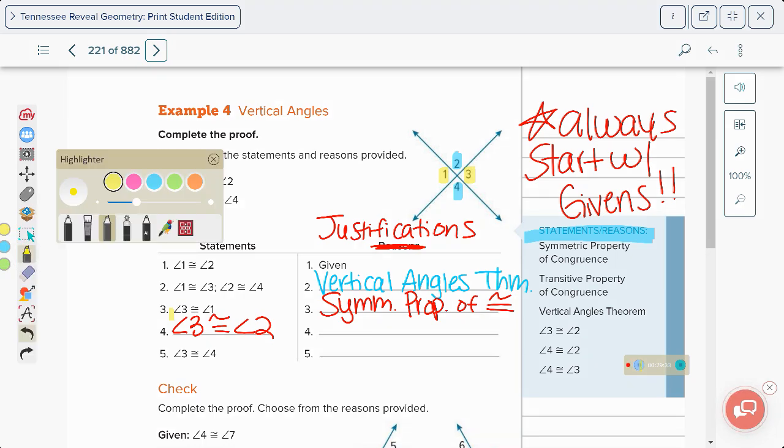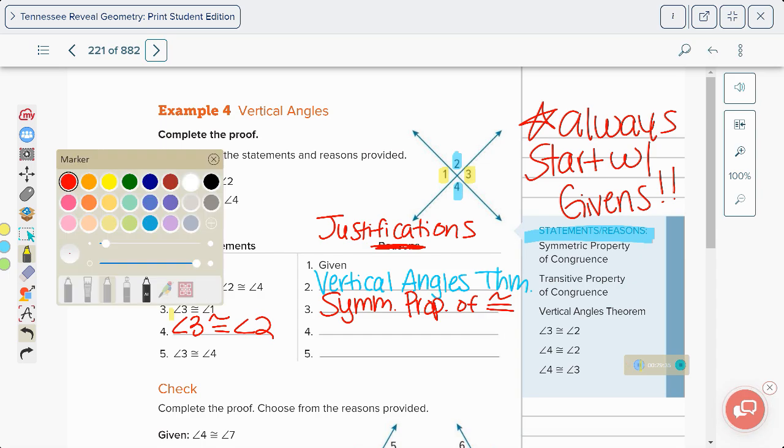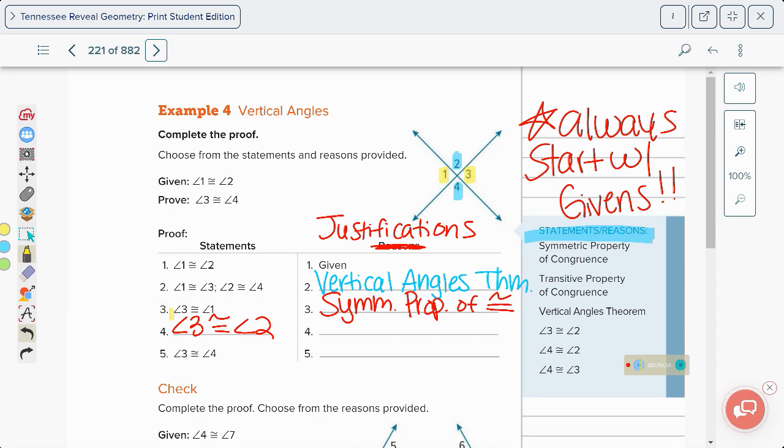If we look at the first statement here, it says that angle 1 is congruent to angle 2. And then my next statement says that angle 1 is also congruent to angle 3.